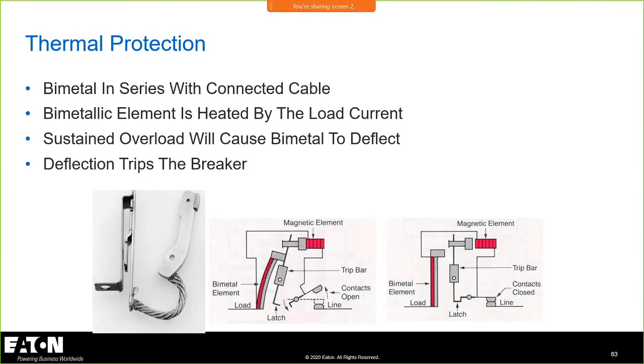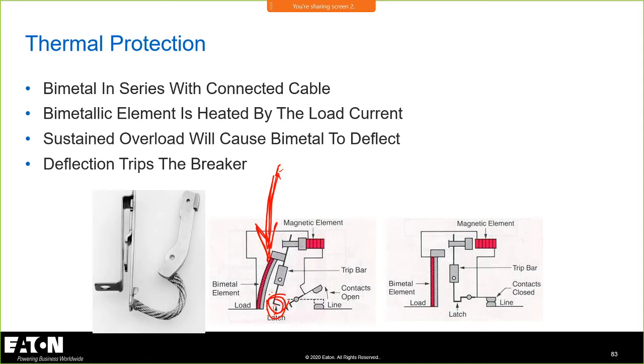Now, the thermal and magnetic. Your thermal is basically two different metals. That's why they call it a bimetal. You have two different metals that expand and contract differently based on heat. So what happens is that metal bends, and then it hits a latch and causes the breaker to trip.